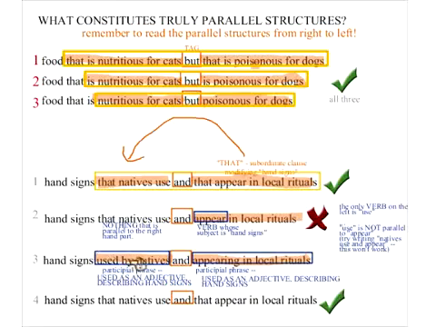Hand signs used by natives, hand signs appearing in local rituals. These are absolutely parallel. You can put them in the same parts. You can use either one by itself and it still works. They're both participles. This is called a past participle and this is called a present participle, but this is still considered parallel.